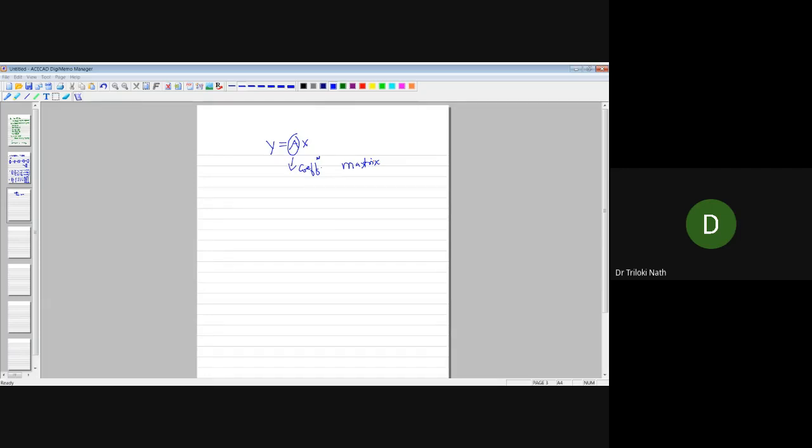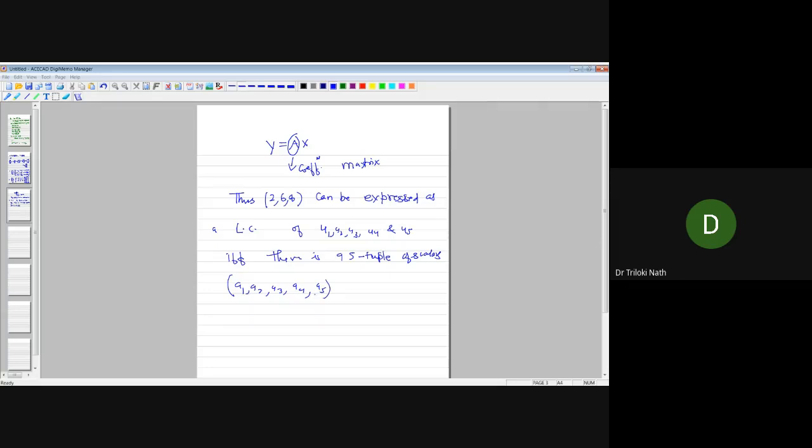Okay, good. And therefore, thus, (2, 6, 8) can be expressed as a linear combination of these vectors u1, u2, u3, u4, and u5 if and only if there is a 5-tuple of scalars, namely A1, A2, A3, A4, A5.